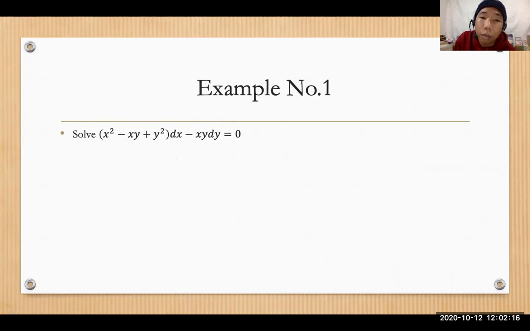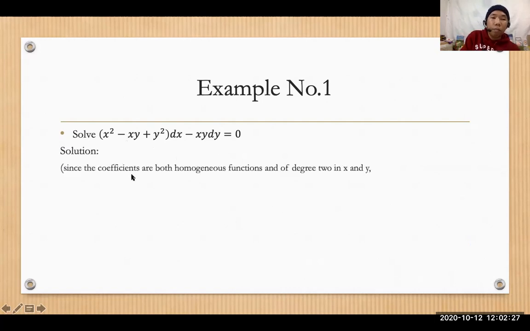Now, the question is, what is more appropriate or convenient to use in a transformation? We will let y equal to v times x. We will replace y by v times x, and dy, of course, is a differential also.